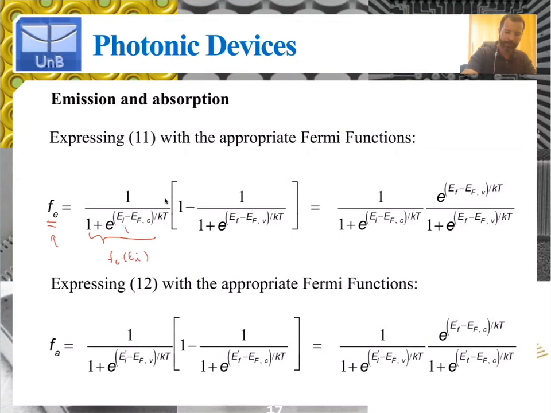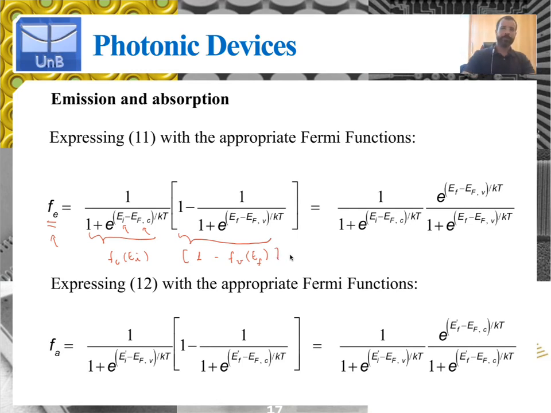You'll see that EI is in place of the energy right here, and you have the Fermi level associated with the conduction band, and this guy right here again is 1 minus Fv of EF, which is what we're calling the final level in the valence band.